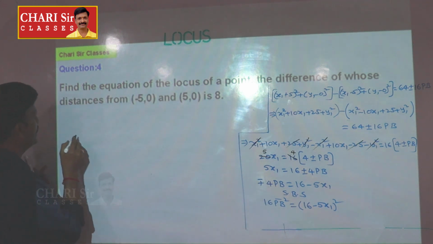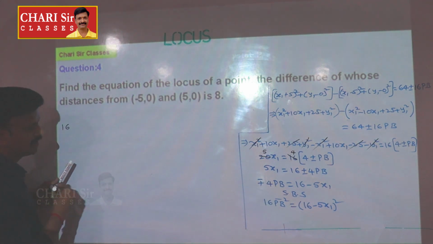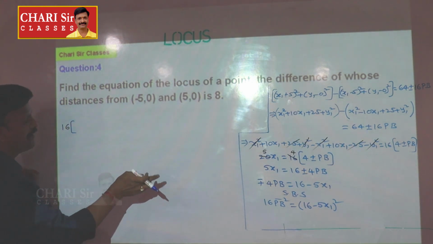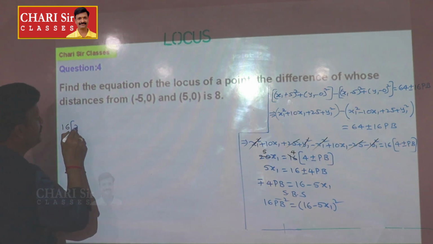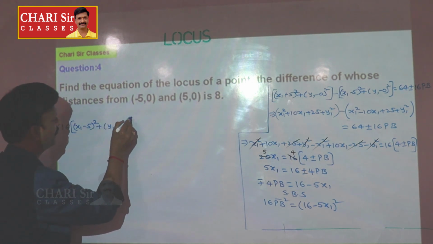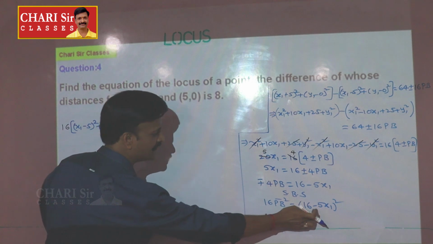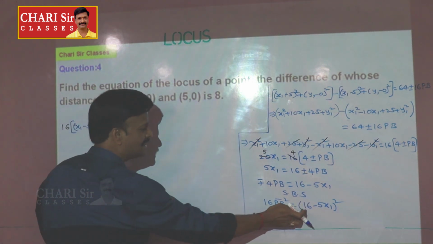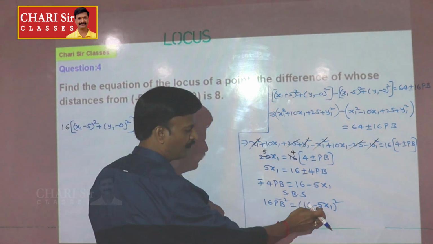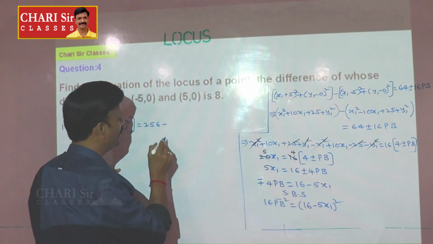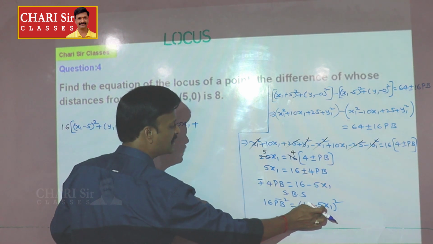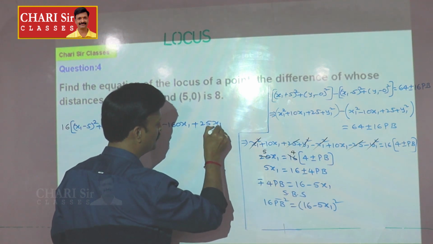16 PB square is there. Let's write down 16 as it is, and PB square you can write again. P is x1 comma y1, B is 5 comma 0, that is x1 minus 5 whole square plus y1 minus 0 whole square, that is equal to expansion of 16 minus 5x1 whole square, that is 16 square is 256 minus 2ab, 2 into 5, 10, 10 into 16, 160x1, plus 5x1 square, that is 25x1 square.